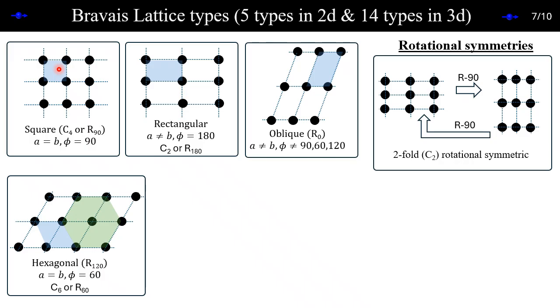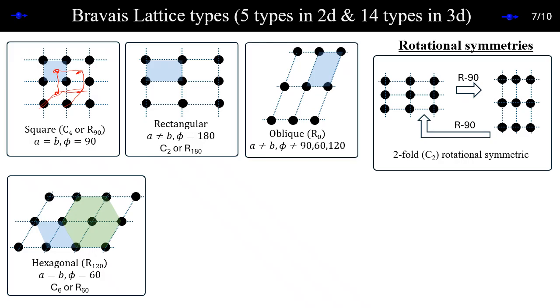For example, if you keep adding one here, do you get a new structure? You will not get a new structure. So probably the unit cell would look like that.